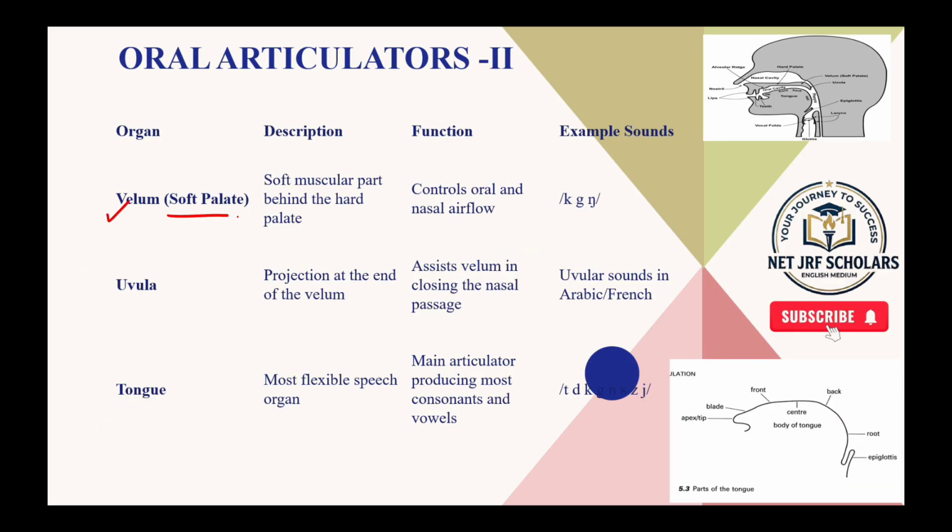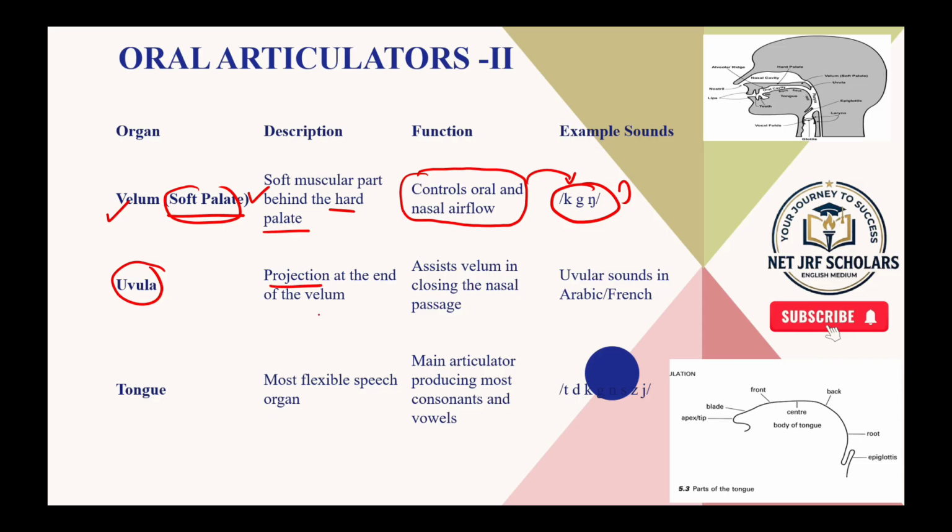Next, we have the velum, as I showed. It is the soft palate, a soft muscle behind the hard palate. It controls oral and nasal airflow, and helps in producing sounds such as k, g. And the uvula is the projection at the end of the velum, at the end of the soft palate.